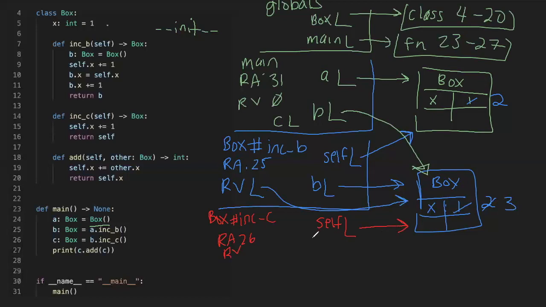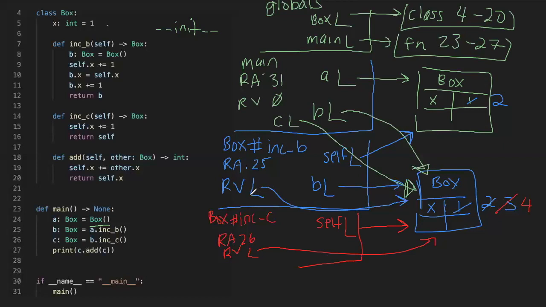Okay, and it says on line 15 we want to do self.x plus equals 1. So this becomes 4, and then the return value is just this Box. Okay, so then back up in main, c is going to be pointing to this Box as well.